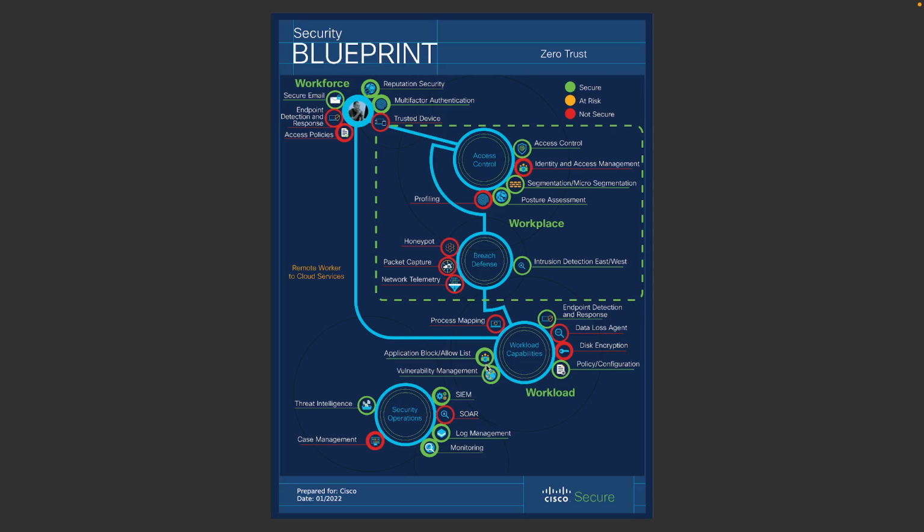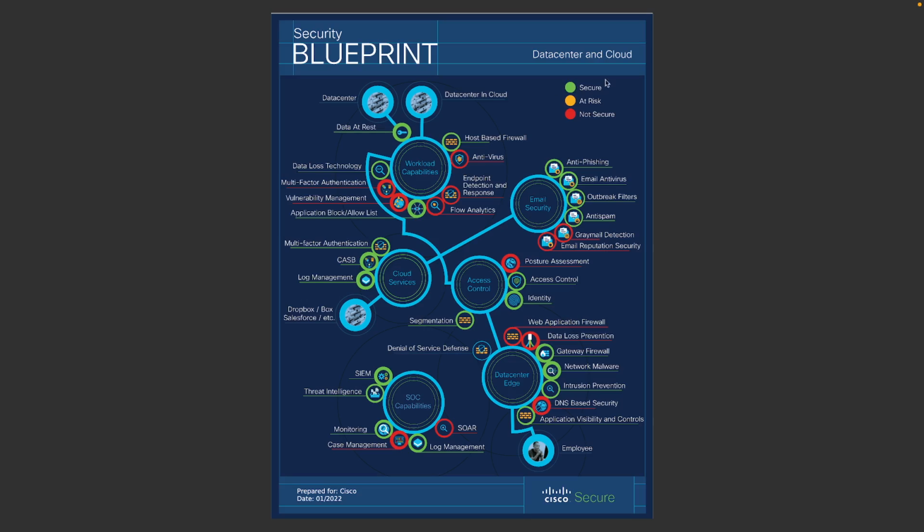And there are a few different tracks, like I mentioned. This one is for zero trust, and we have data center and cloud, which covers the business flow all the way from your employee to your data center, and what capabilities could be utilized to protect your business throughout the flow.